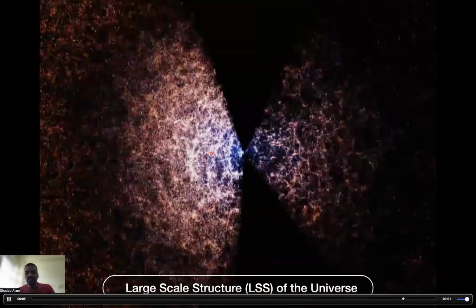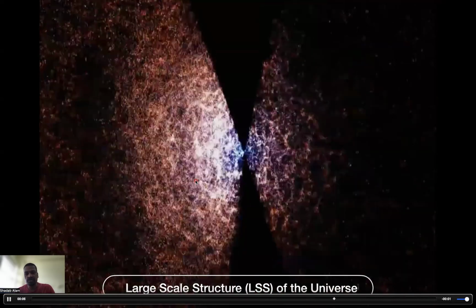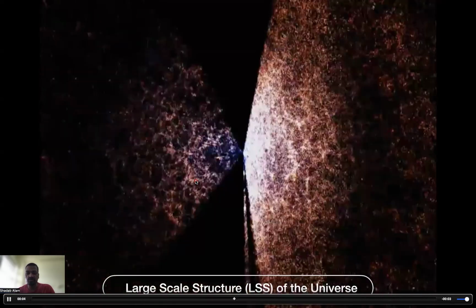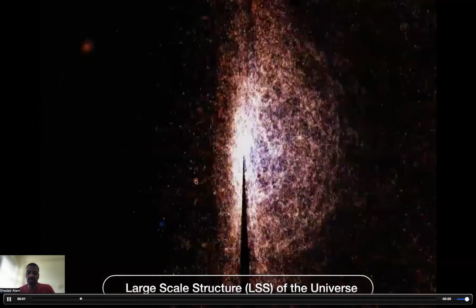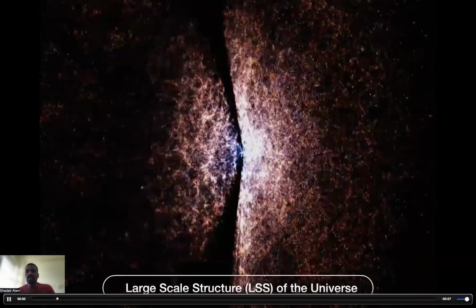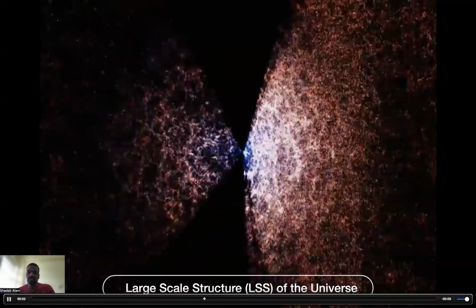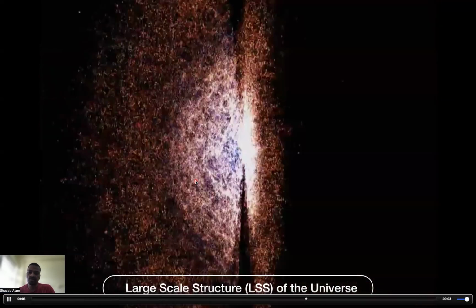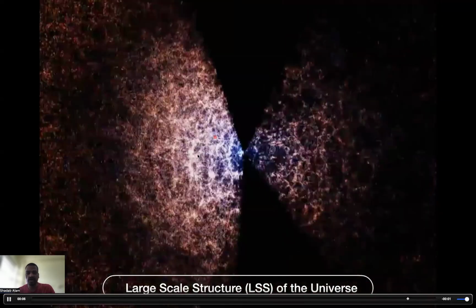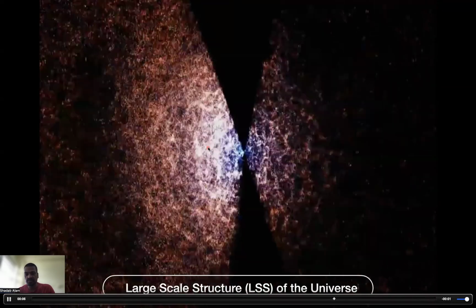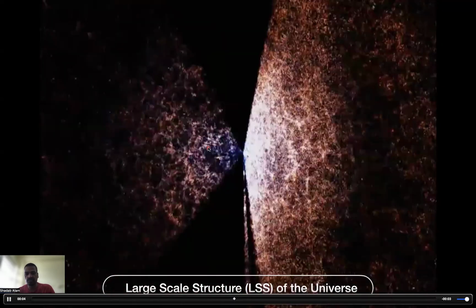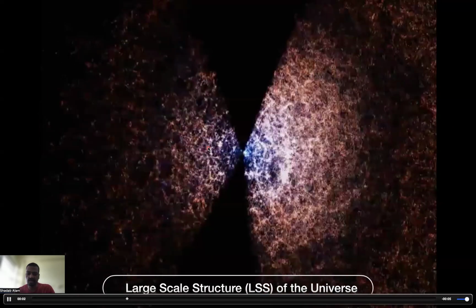And at these scales is where you get information about cosmology. So if you are interested in cosmological constraints and asking questions with regards to cosmology, then you have to look at these very large scales where it's determined by cosmology itself.